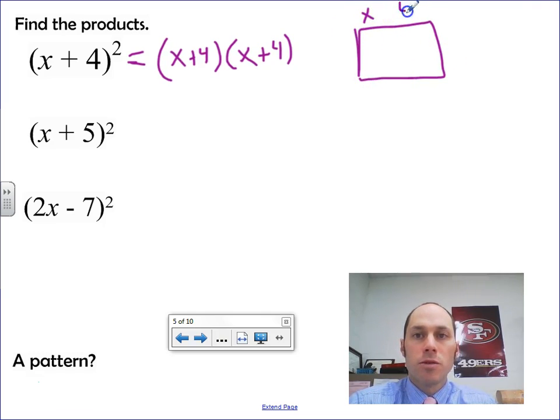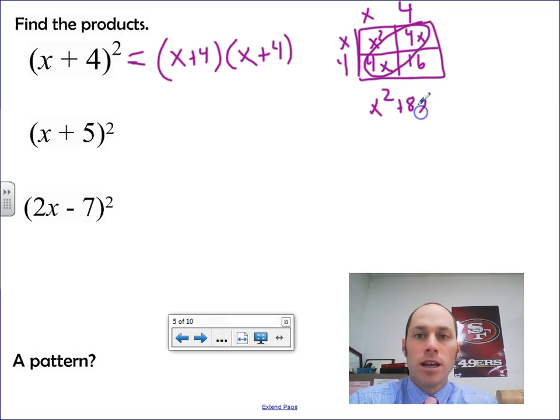X is the first term, 4 is the second term. X squared, 4x, and 4x is 8x, and I have 16.